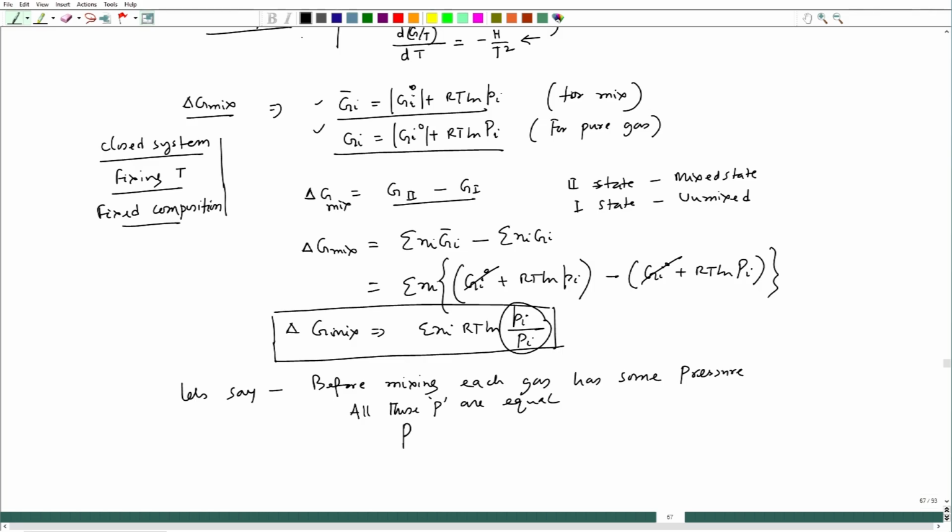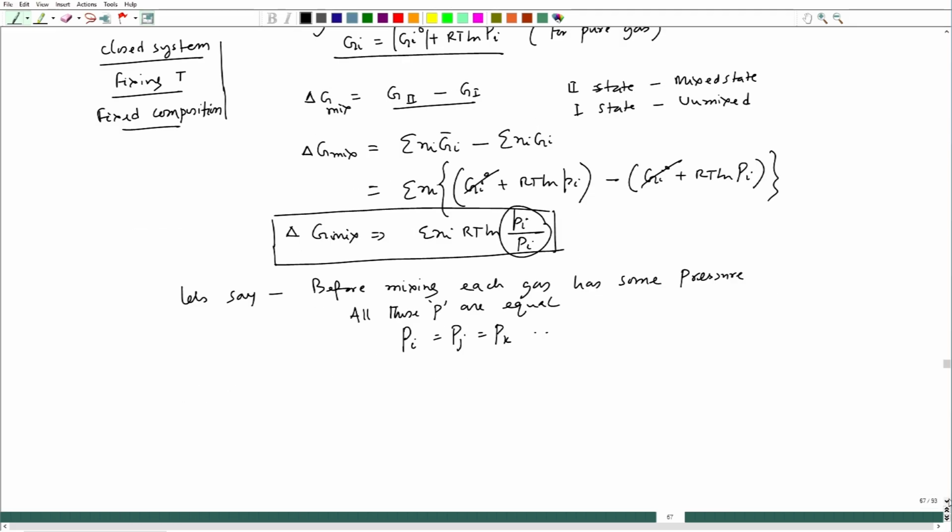So, that means Pi equal to Pj equal to Pk. So, i, j, k are all the individual gas components. And also when we are mixing, after mixing, we are saying that total volume is basically summation of individual volume.